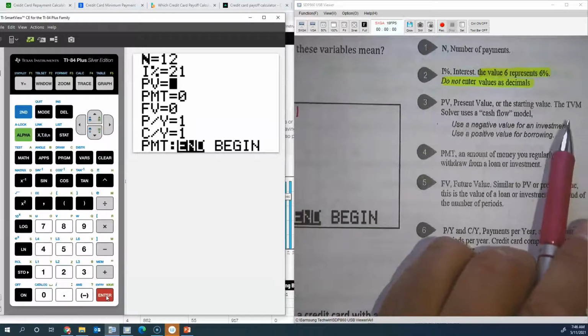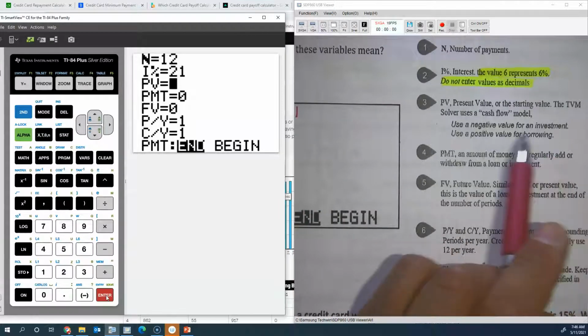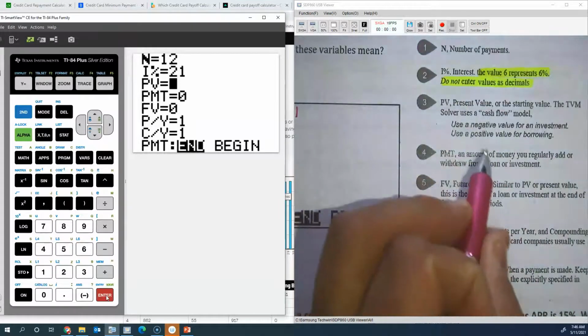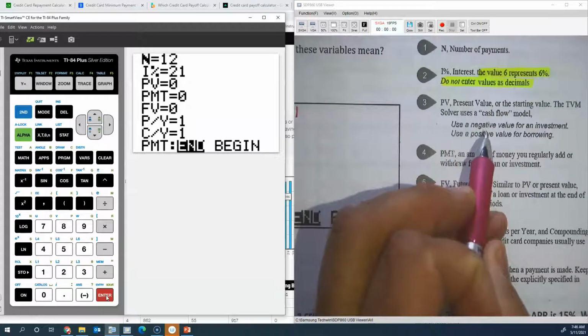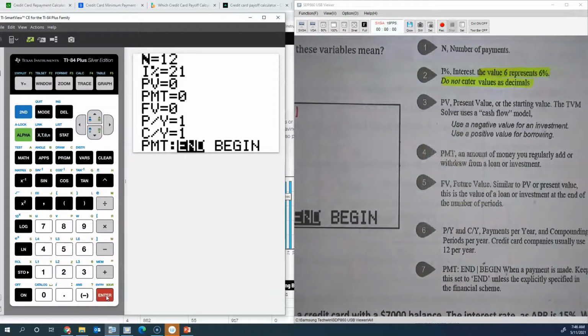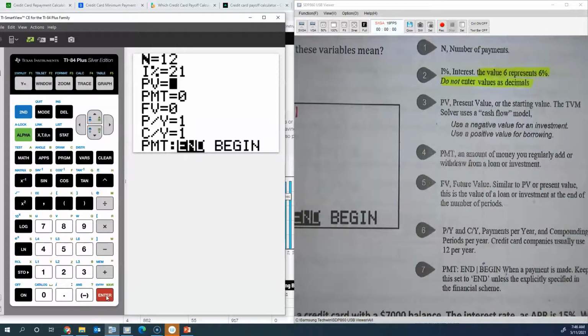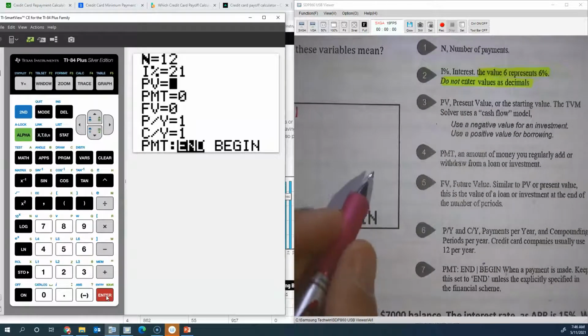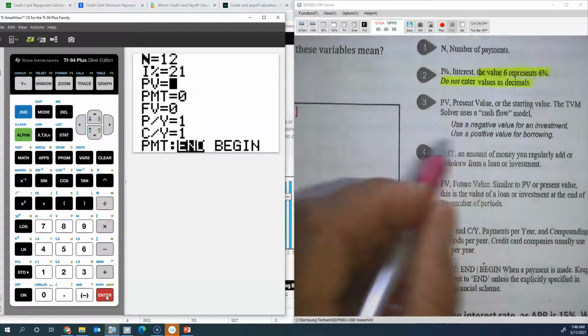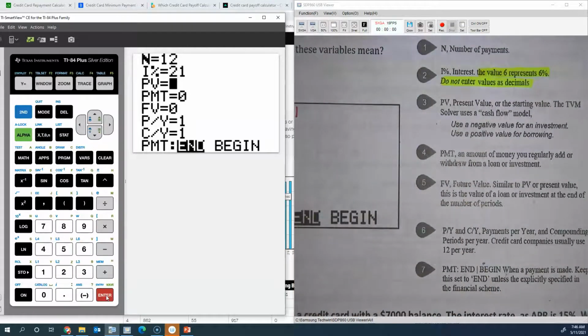We're not doing an investment here. What this means, guys, in a cash flow model, if money is moving away from you, you put a negative on it. If money is moving towards you, you put a positive on it. So if you borrowed money, money is moving towards you.